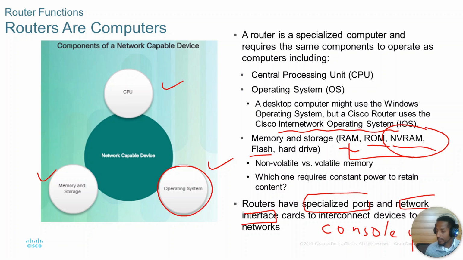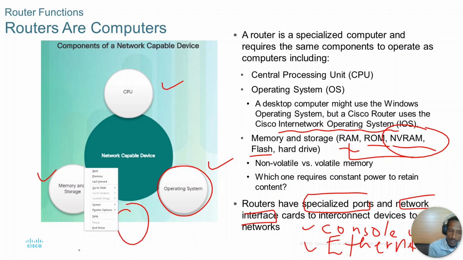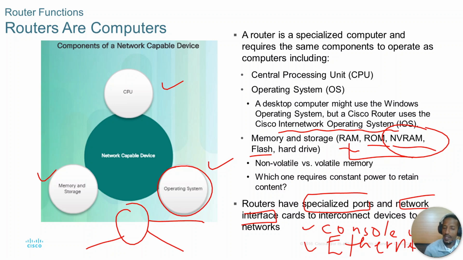Another one is interfaces. What do we need the interfaces for? The interfaces are like the Ethernet interface. What is its purpose? It enables us to connect to the switch. Let us say this is a router. The router will have a connecting port with a PC, another connecting port with the switch, and another connecting port with another router.